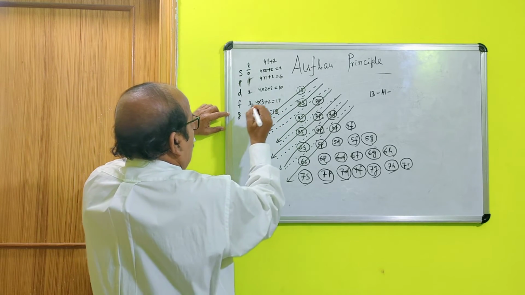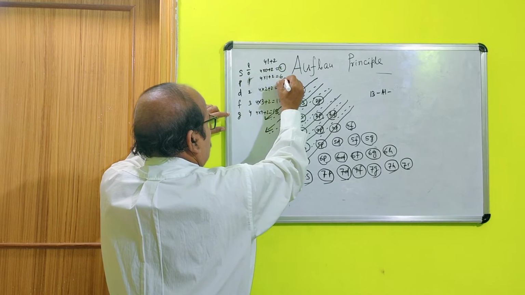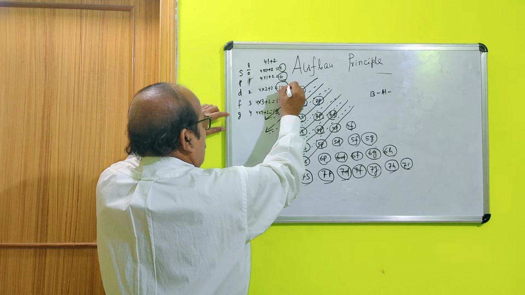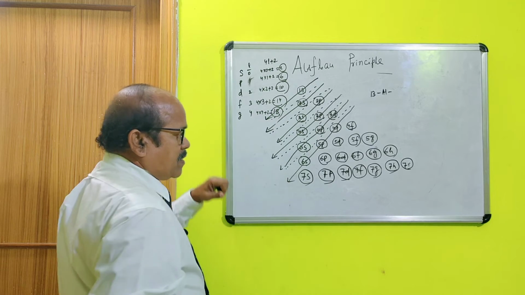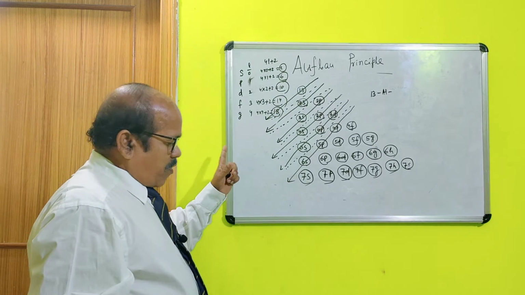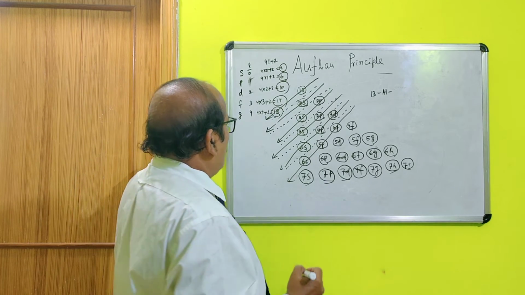So S will have maximum 2 electrons, P will have 6 electrons, D will have 10 electrons, F 14 and G 18, like that.